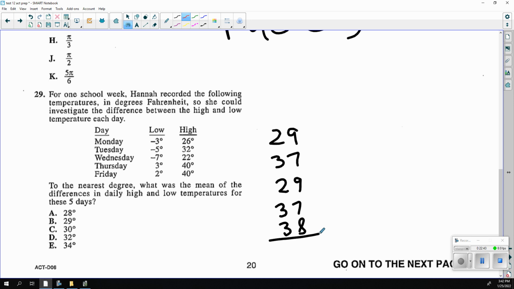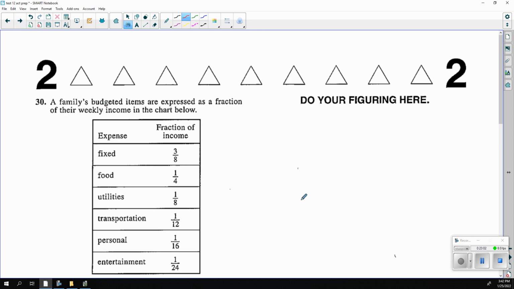Add them up and divide by 5. I'm going to do this one on my handheld calculator. The average of the difference in the 5 days was 34. So you just add up the differences and divide by 5.